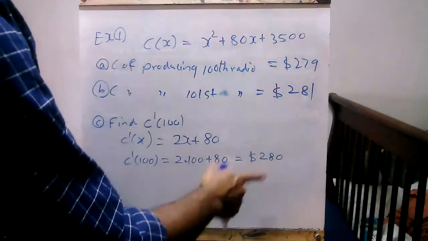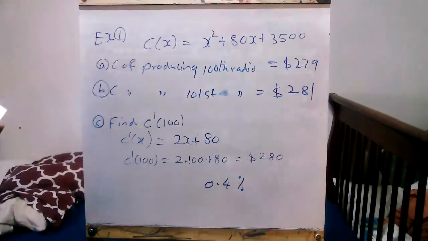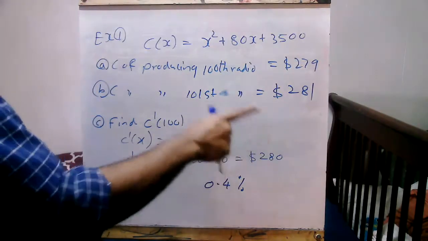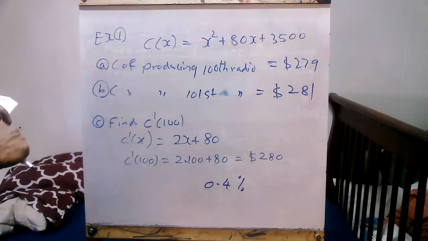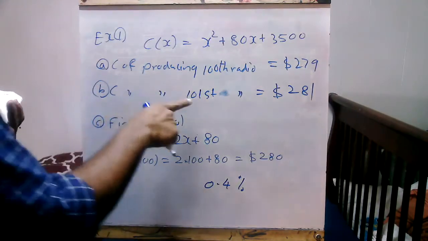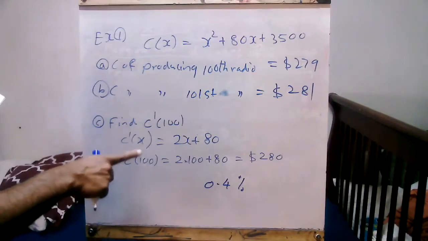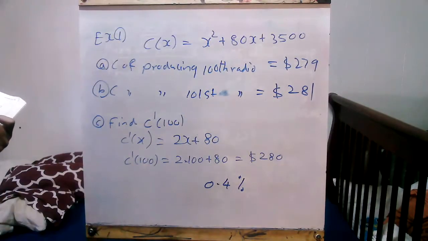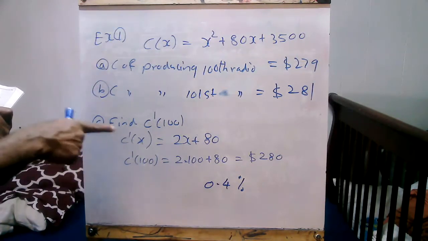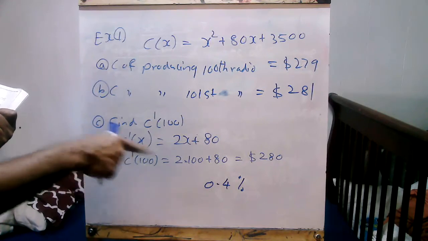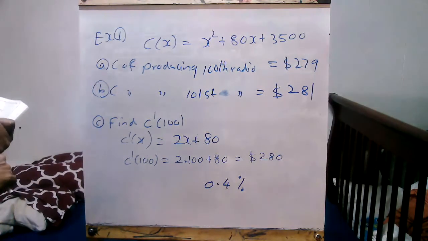The error is very small approximating this. Therefore, we can approximate producing the 100th radio or 101st radio by the derivative at the level of 100. Right? This is an example showing that we can approximate the marginal cost using the derivative of the cost function.